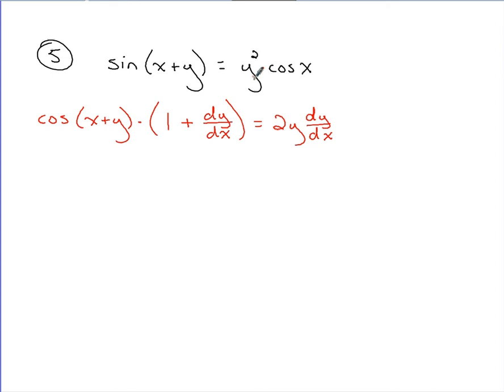Continuing with the product rule, we tack on the second piece. And then add the first piece times the derivative of the second. Derivative of the cosine of x is negative sine of x. And that was already with respect to x, so we don't need the dy/dx part.